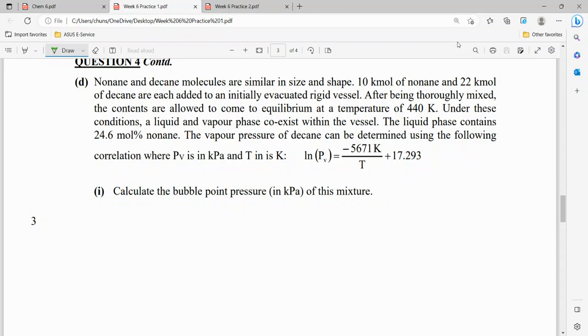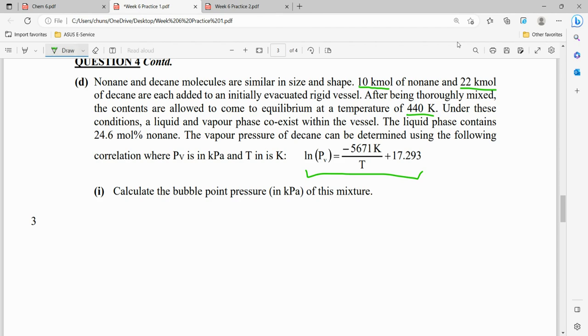Starting with this question, we have 10 kilomoles of nonane and 22 kilomoles of decane, which are added into its own vessel. After being mixed, the equilibrium temperature is 440 Kelvin. Under these conditions, the liquid and vapor phase coexist, where the liquid phase contains 24.6 mole percent nonane, and the vapor pressure of decane can be determined with this equation here.